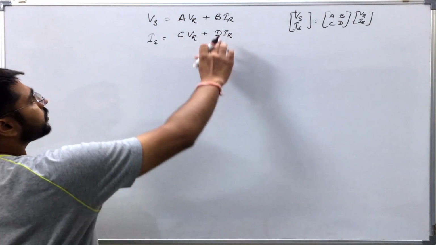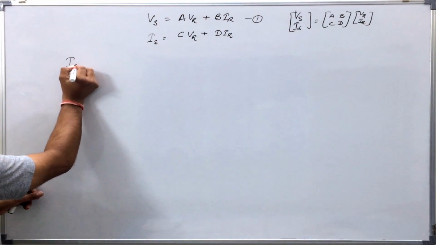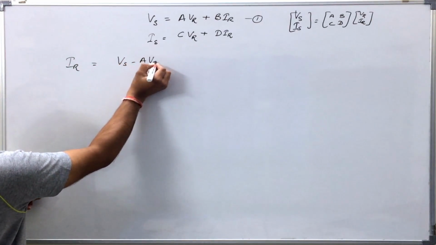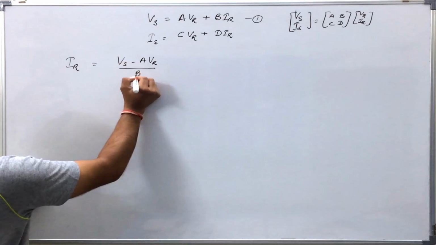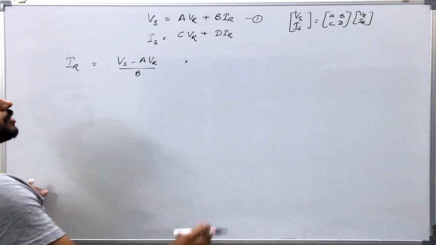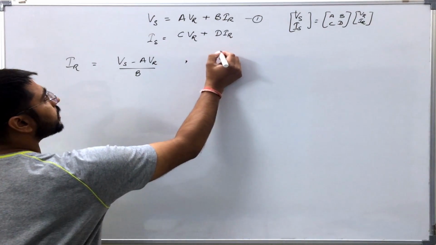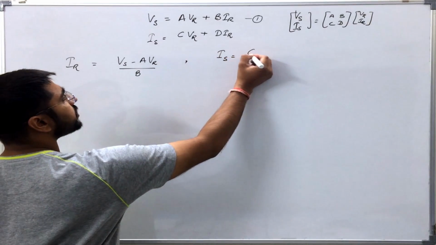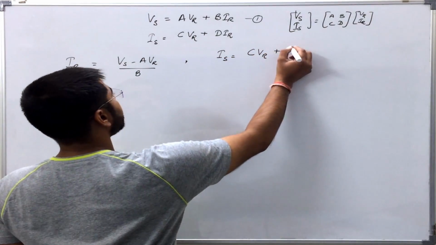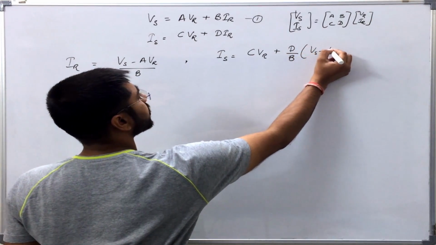Now, from equation 1, I can write IR is simply equal to (Vs minus A VR) over B. And if I try to eliminate IR from this, Is is equal to C VR plus D by B (Vs minus A VR).